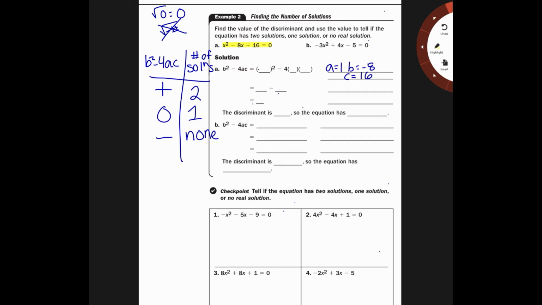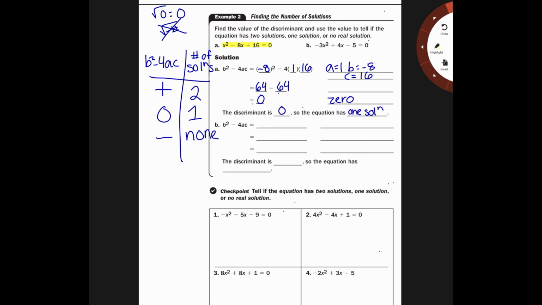I have b squared, so negative 8 squared, minus 4 times a, which is 1, and c, which is 16. Negative 8 squared is 64, and 4 times 16 is actually 64 as well. So 64 minus 64 is 0. You have a 0 for the discriminant, which means you have only one solution.